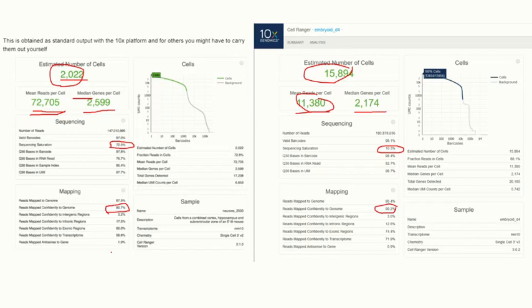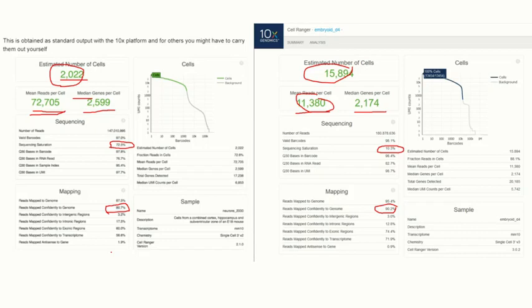Is it because the sequencing saturation is low? It's possible, yes, because all other things have increased while only the sequencing saturation has gone down. It's possibly linked. Maybe if you sequence more, this will go up a little bit. This coverage certainly will go up.